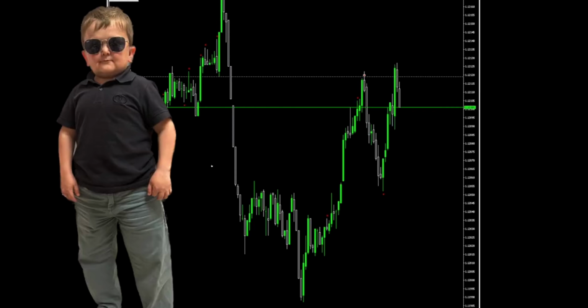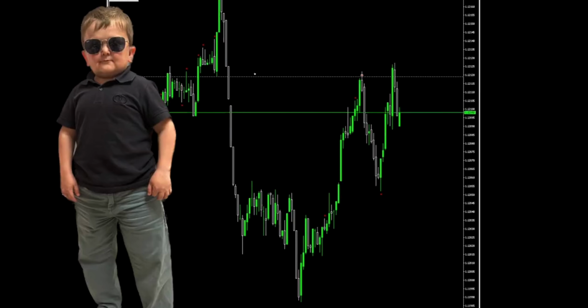Okay, so this is the way I use these kinds of confluences. Because look, in a perfect world every candle should have an opening, manipulation, they send it down, and then they close.